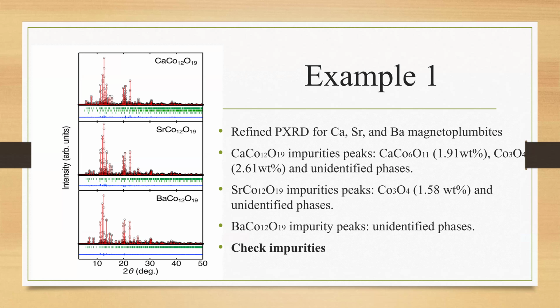By applying Rietveld refinement, we can detect minor impurities such as calcium cobalt 6 oxygen 11 or cobalt 3 oxygen 4 in each case. In each case, the diffraction patterns revealed which phases are present and in what approximate quantities.